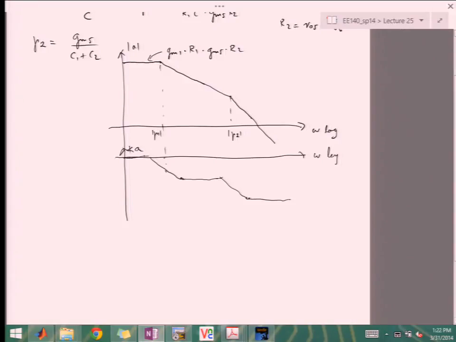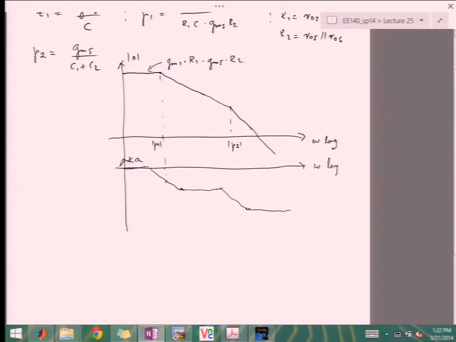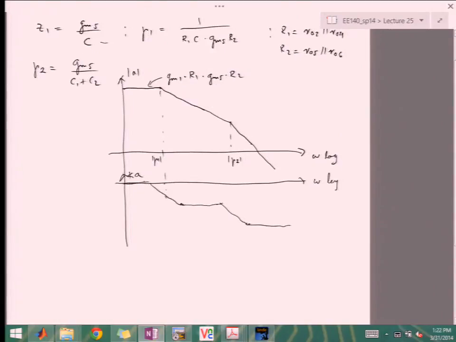Now depending on where that zero is, meaning what's the relationship of C versus C1 plus C2, because C2 will be our C load. So if C load is big, then maybe P2 is happening before the zero. If C2 is not that big, then as C increases, GM5 over C may start hitting very close to P2.